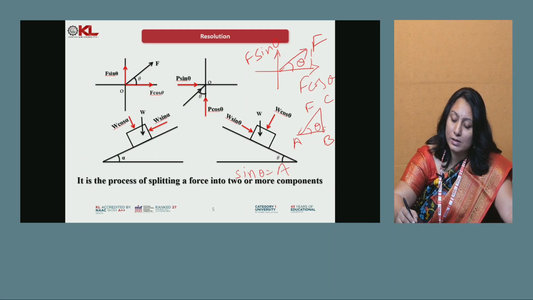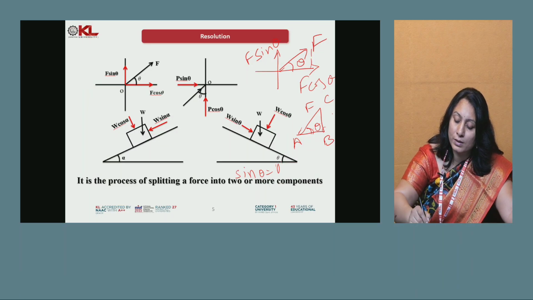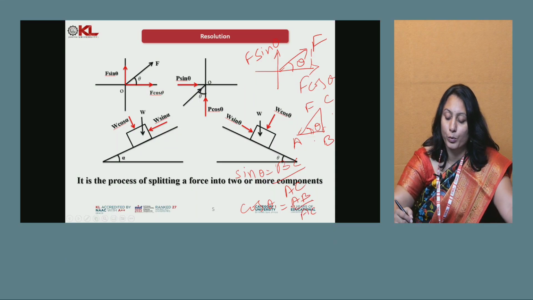Sin theta is equal to opposite. For this angle, opposite is BC divided by AC, the hypotenuse. Similarly, cos theta is equal to adjacent AB divided by AC, hypotenuse.